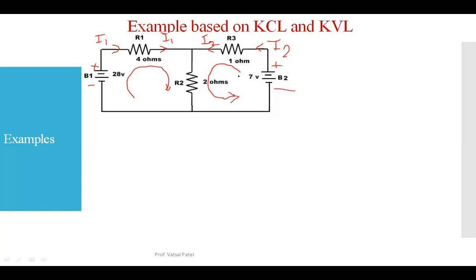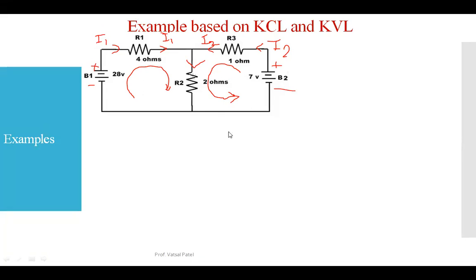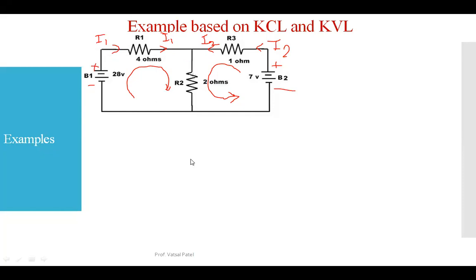Right? So now can you tell me, if the current is I1 here and I2 here, what will be the current flowing in this 2 ohm resistance?